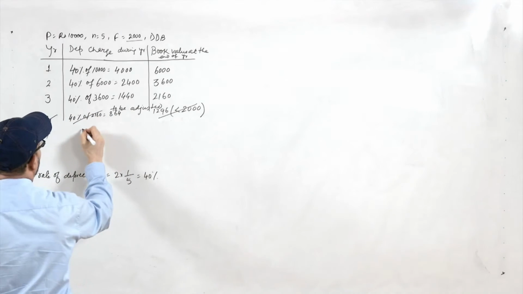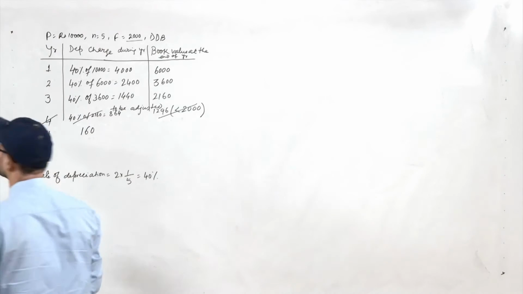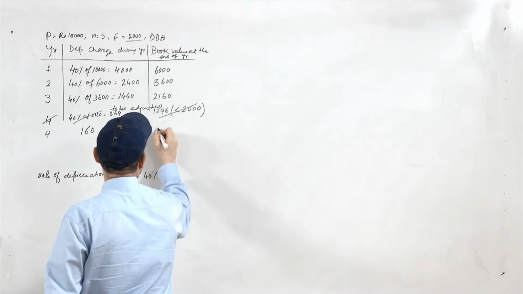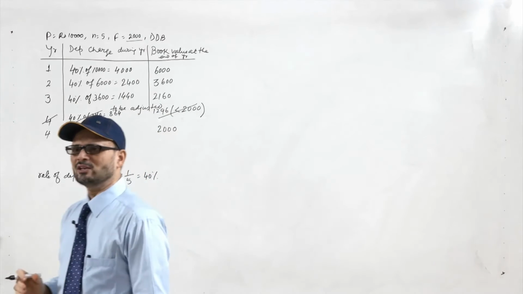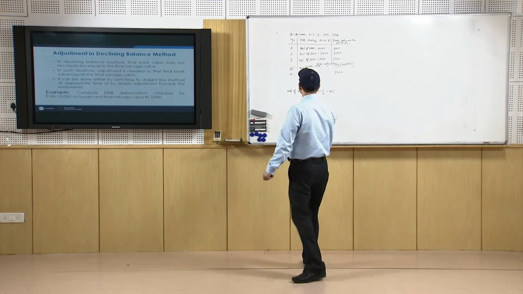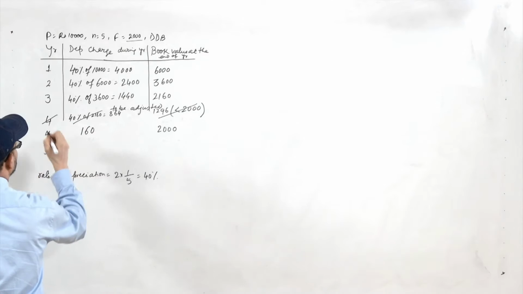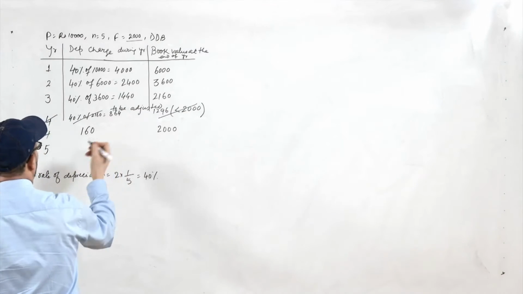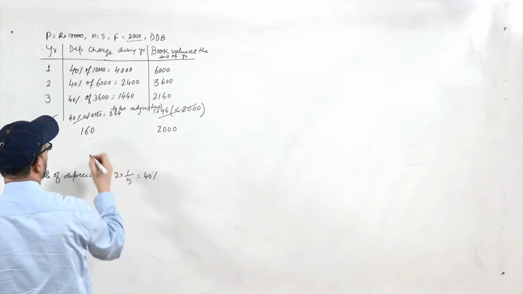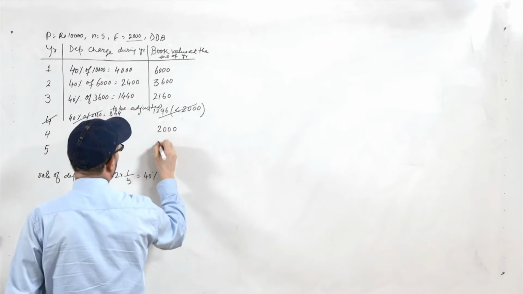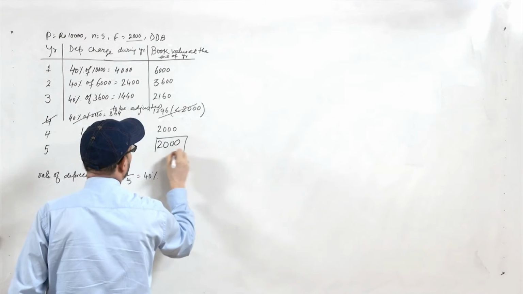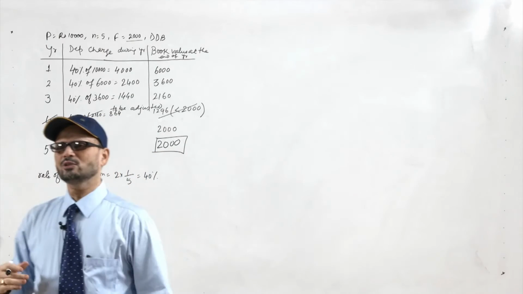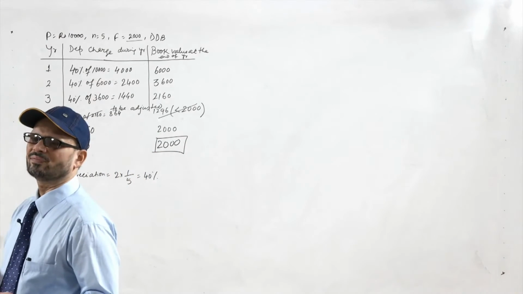So, in the 4th year your depreciation will be only rupees 160, so that you get 2000 as the book value at the end of 4th year, and during the 5th year your depreciation will be 0 and the book value at the end of 5th year will be 2000, and this is nothing but the salvage value which is given at the end of its life.